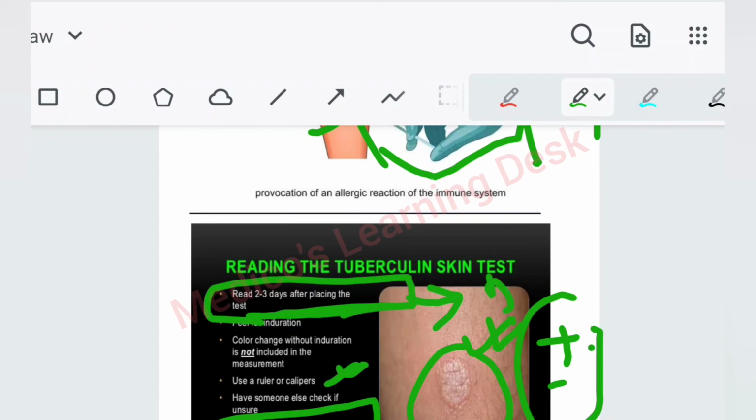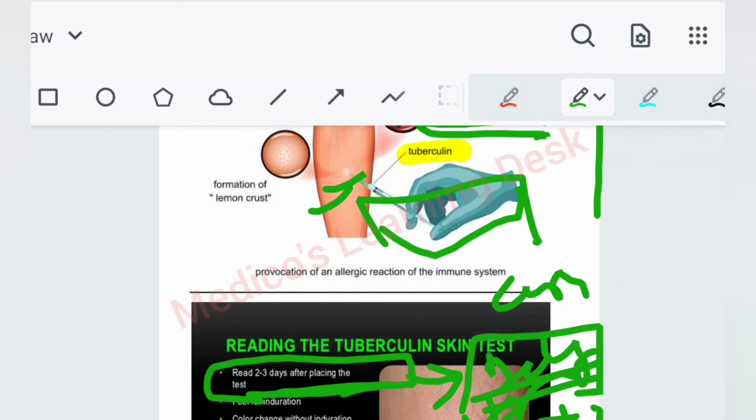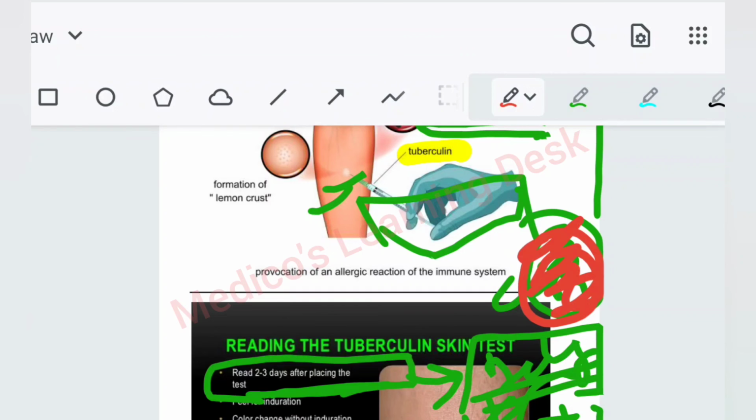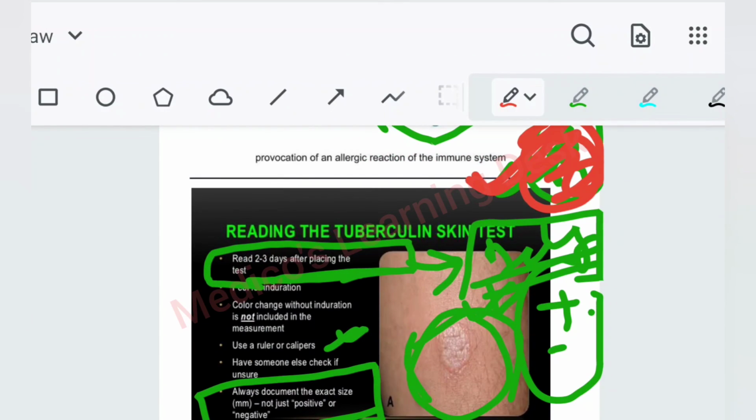Because it is a delayed type of reaction, so we can't see the immediate reaction. In Cassoni's test we could see a wheal, right? Wheal which we would see immediately, but here there will be induration, and it will be seen only after 2 to 3 days.